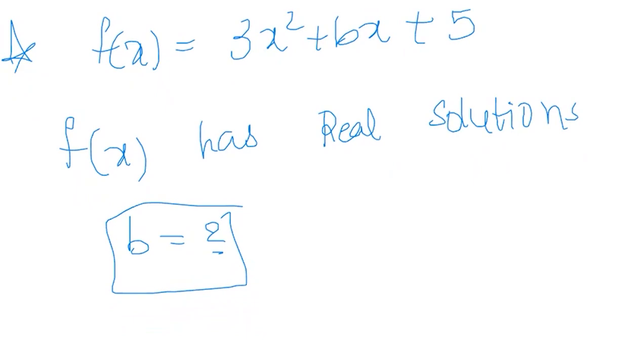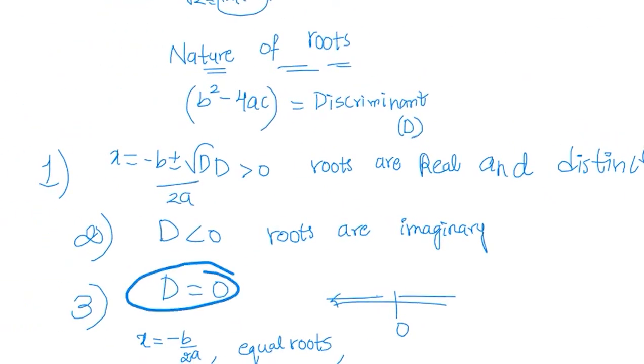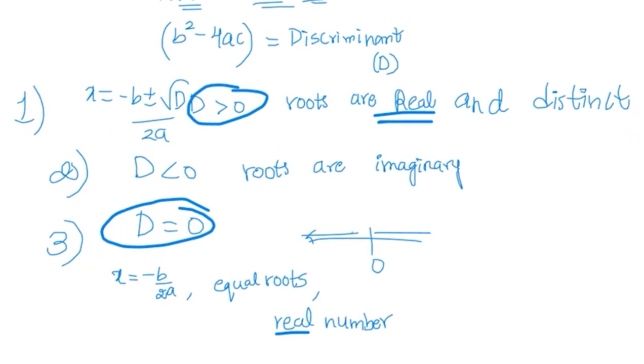The discriminant value has to be greater than or equal to 0, right, for real solutions.